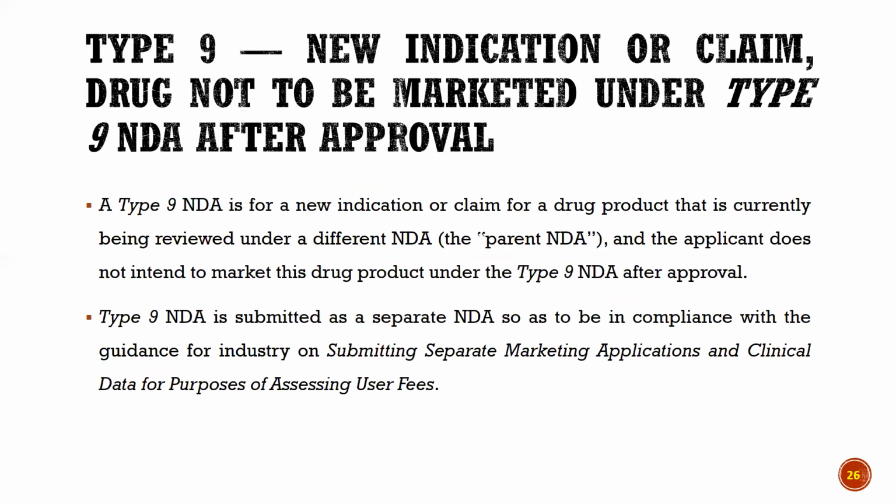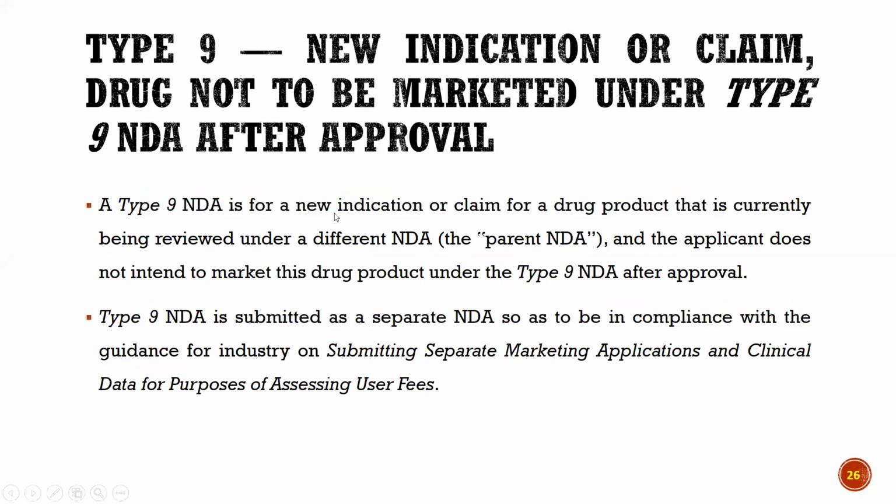So coming to the type 9, which is new indication or new claim, drug not to be marketed under type 9 NDA after approval. Type 9 NDA is for the new indication or claim for the product that is currently being reviewed under a different NDA as a parent NDA, and the applicant does not intend to market this product under the type 9 NDA after approval.